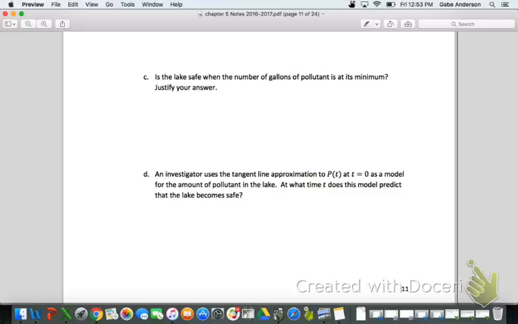So I've got P prime equals 1 minus 3e to the negative 0.2t. So I can use that to find my slope, right? And the truth is, I could do this without a calculator, right? Because what do I plug in for t to find the slope at my point of tangency? 0, yeah.